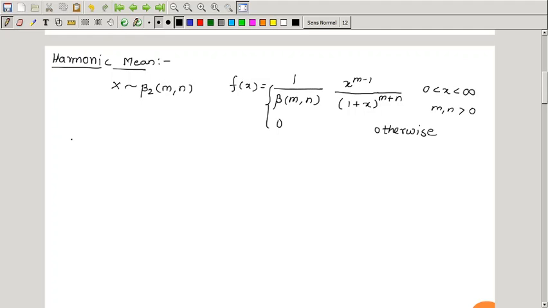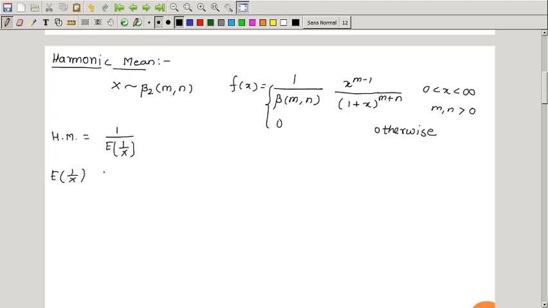Now we know that the formula of harmonic mean is the reciprocal of the expectation of the reciprocal of the random variable. So firstly we find the expected value of 1/X and then take its reciprocal.